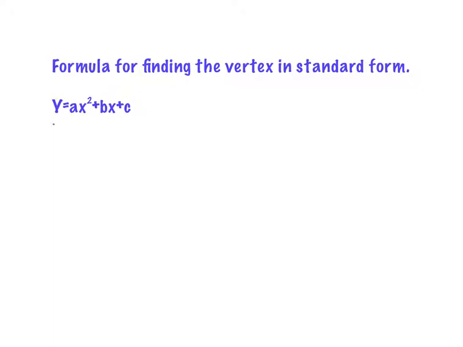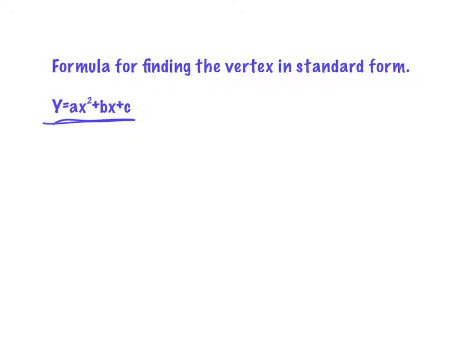This is going from this particular form, so it's not factored. You have nothing in parentheses. The a value, for those of you who may or may not recall, is always the number in front of the x squared. The b value is always the number in front of the x. The c is the constant. It's the one that's by itself with no variables with it.